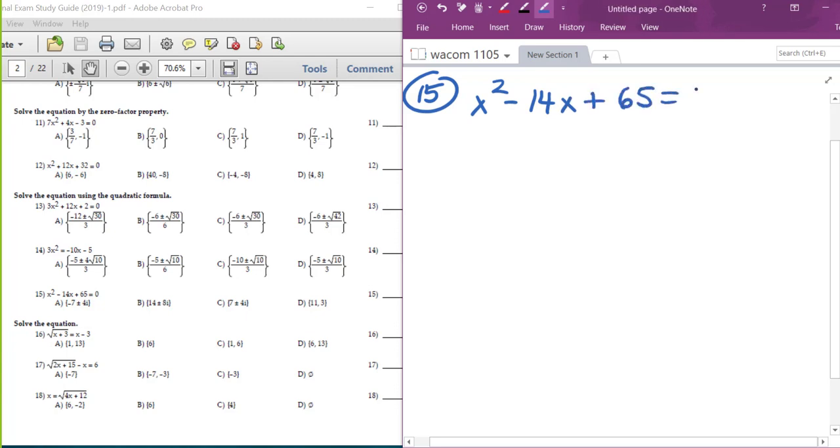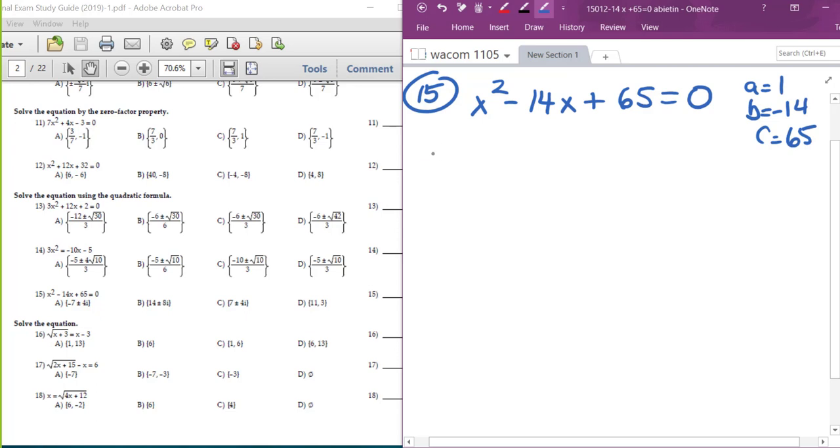And normally when you would see this problem, you would think, oh, that might factor. Because it's a trinomial, the coefficient's 1, that's nice. If you tried, it wouldn't factor. But because it's multiple choice, you could look at those answers. Well, this one has regular numbers, but all the others have i's, which means it's not going to factor. All right, so we will go a equals 1, b equals -14, and c equals 65.